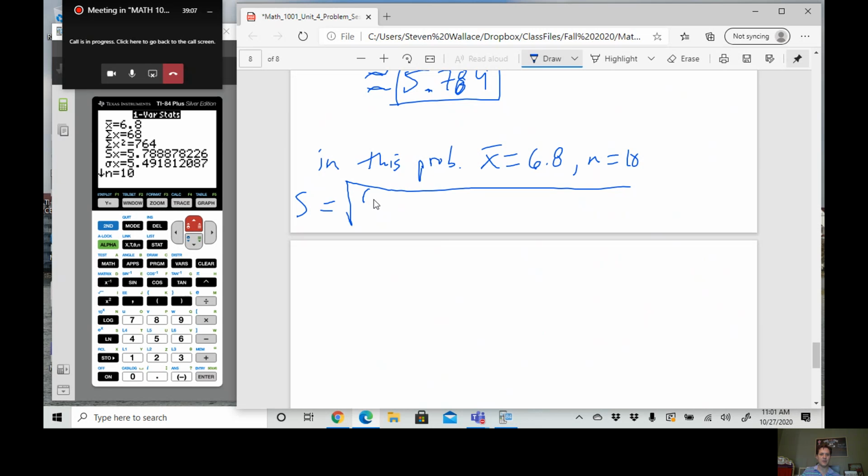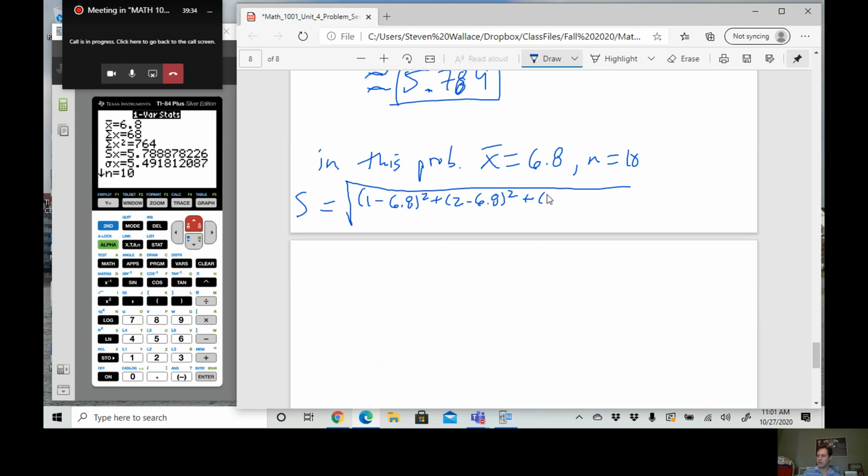On the one hand, we have 1 minus 6.8, and we square that. Then we take the next data value, which is 2. 2 minus 6.8 in parentheses squared.